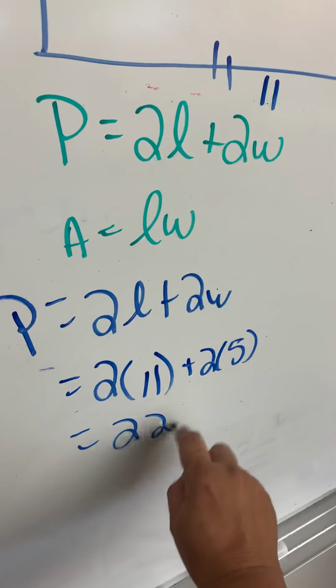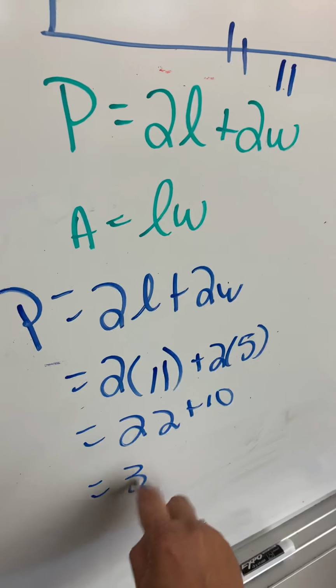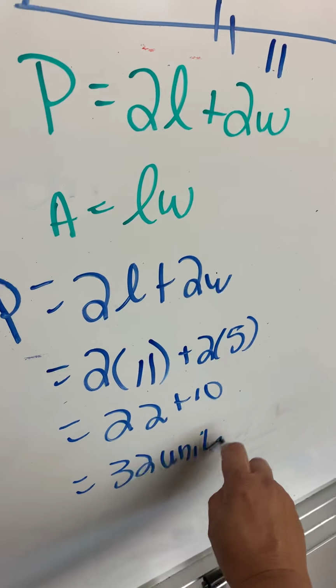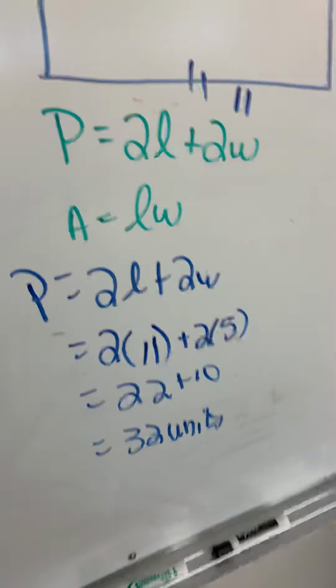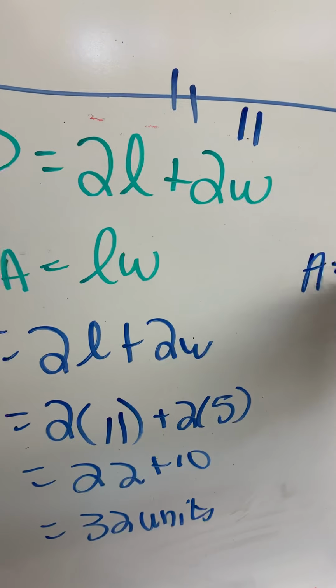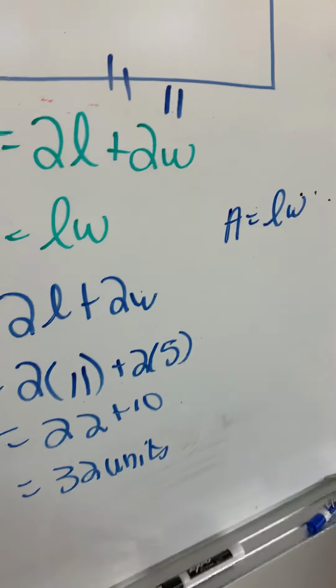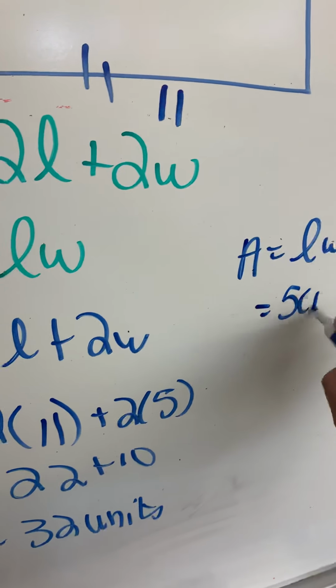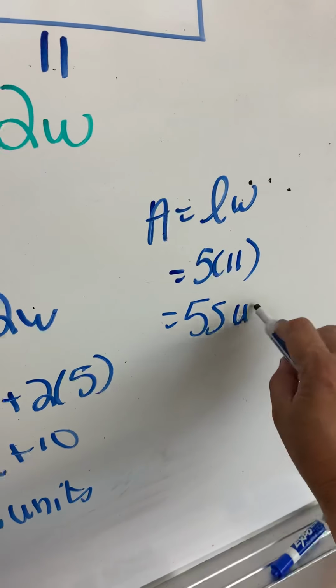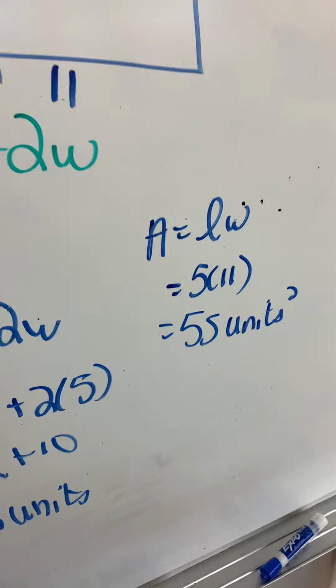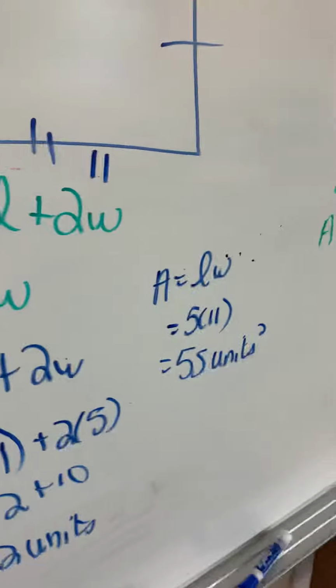So this would be 22 plus 10, 32 units. To do the area, you'd do length times width. Plug in, 5 times 11, solve, 55, and these are units squared, right? Because that is how you do area. Those are square units.